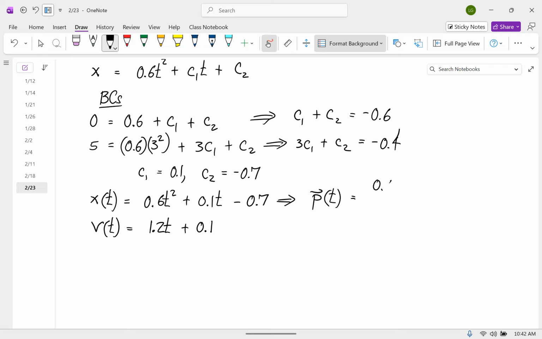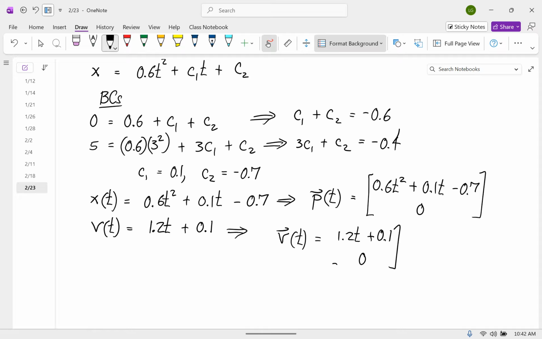That's this thing for the x component and 0 for y. And here the velocity is 1.2 t plus 0.1. That's the x component and 0 for y.